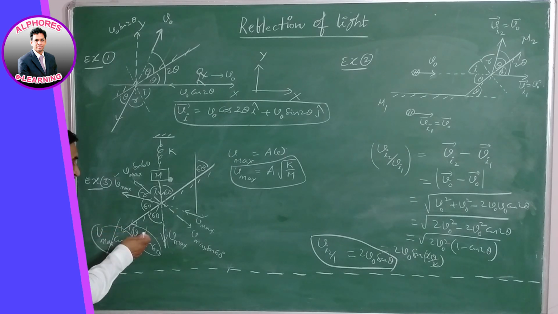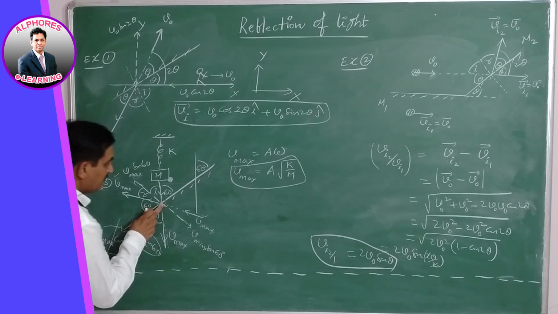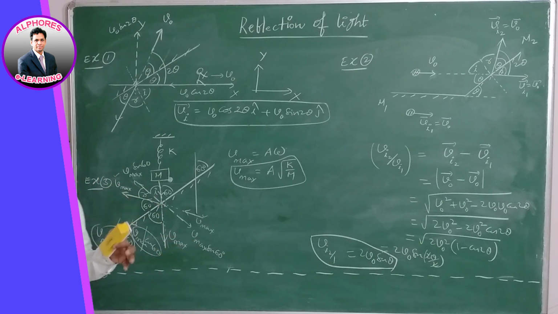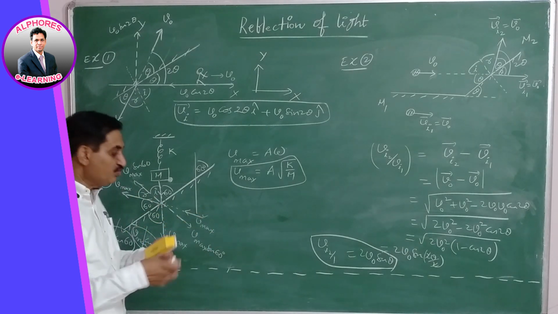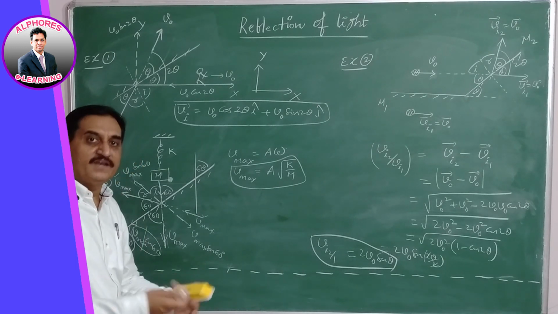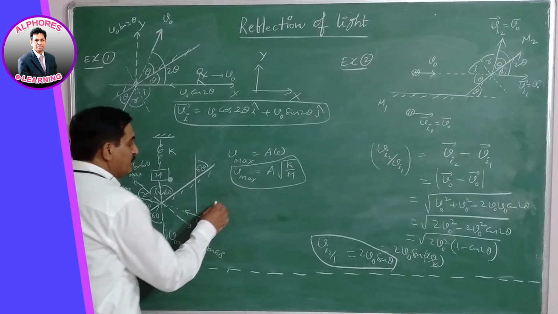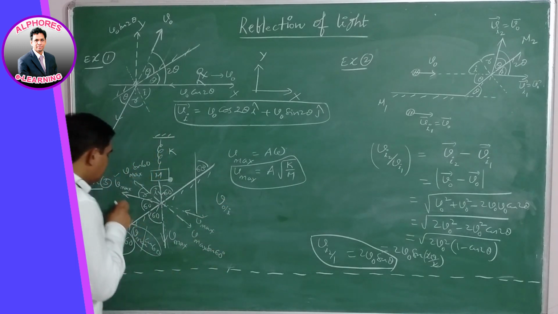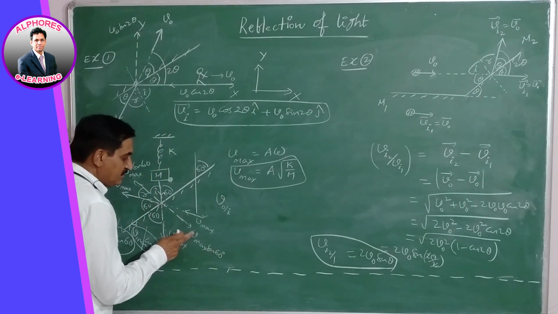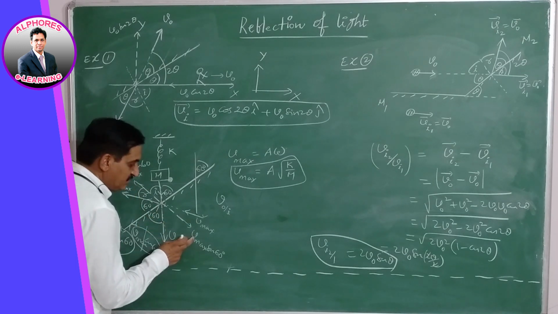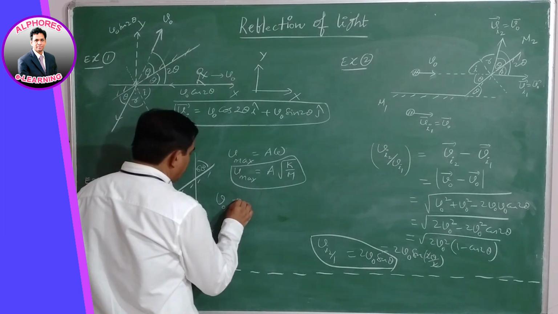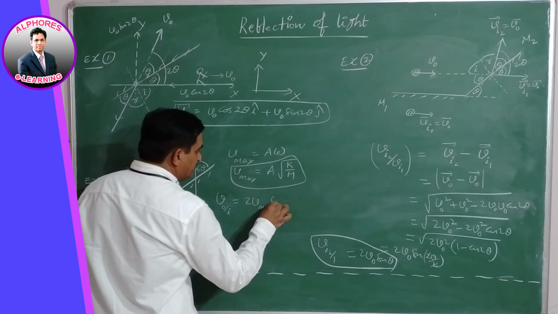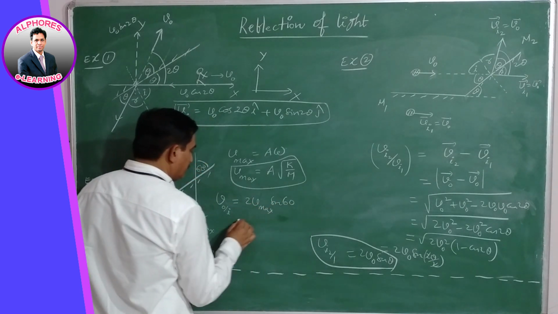So they cancel each other, relative to each other. This value minus this value becomes 0. But here, this is downward and this is upward, so for the relative velocity we add them up. These two components give the relative velocity. So the speed of the object with respect to the image, this is the component of the image and this is the component of the object, becomes 2 Vmax sin 60.